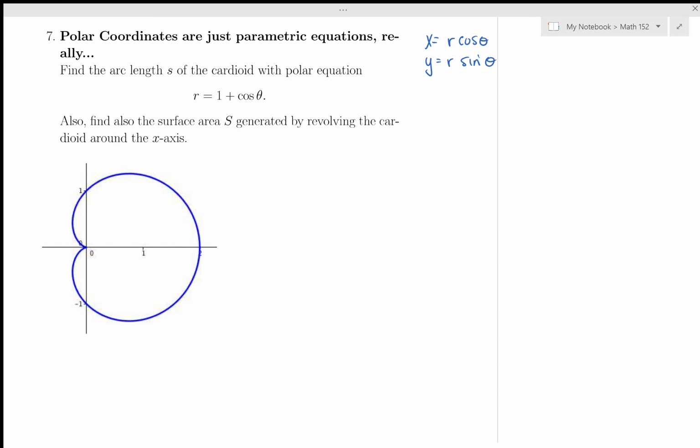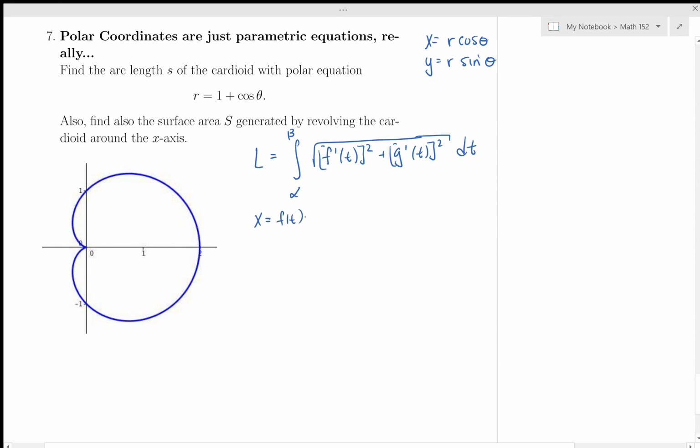The arc length, I'm going to call that L. We know how to do this for a parametric curve. That is going to be the integral from alpha to beta of the square root of f prime squared plus g prime at t squared dt. Okay, x is equal to f of t, and in this case we're using the parameter theta.